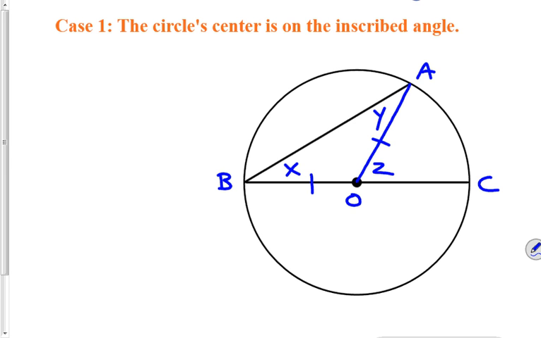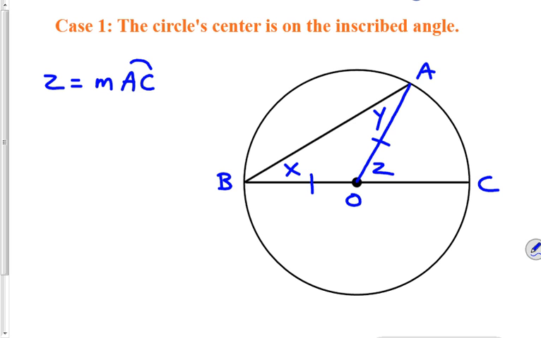Okay, so we have central angle AOC, whose measure is Z, right? It doesn't have a specific measure, we're calling it Z. Now we know that Z, the measure of the central angle, has to be equal to the measure of its intercepted arc, which is arc AC. So that certainly is true.